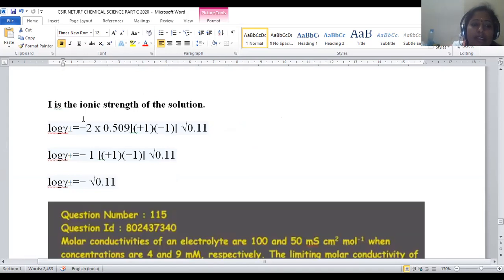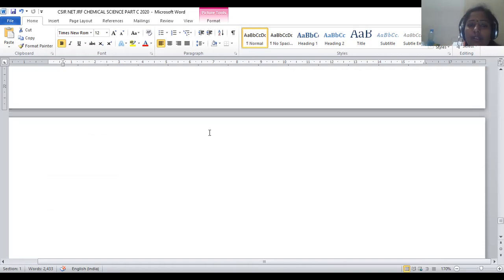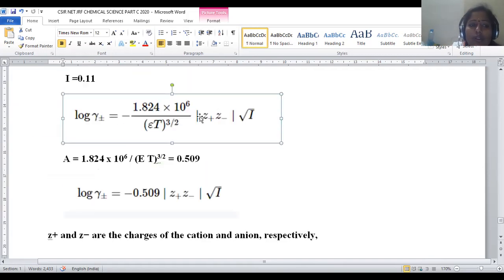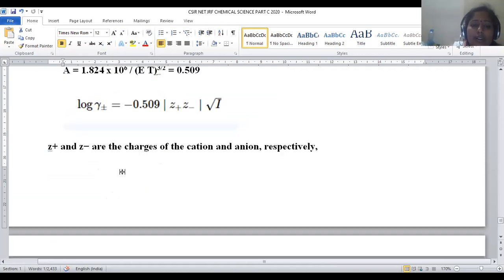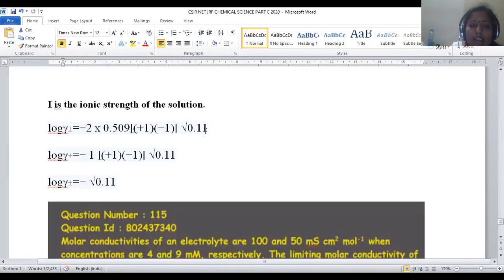Hence, it is taken as minus 2 into 0.509. Charge present on the cation will be +1. Charge present on the anion will be -1. Right? So this is mod Z plus and Z minus under root 0.11. Why? I is equal to, just now we calculated ionic strength, that is 0.11.